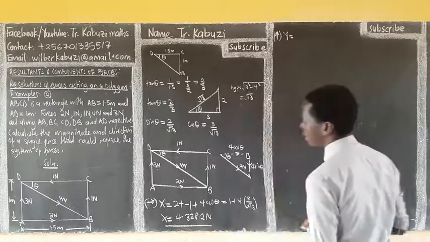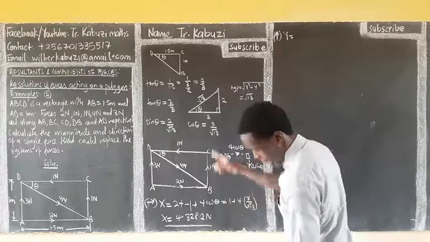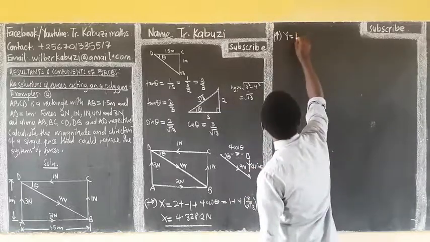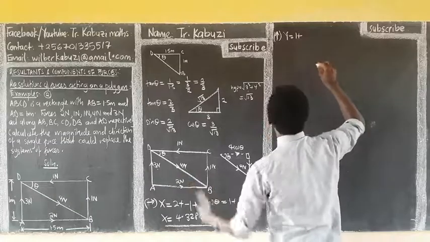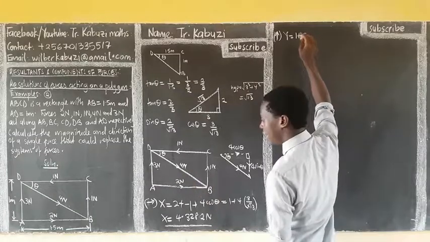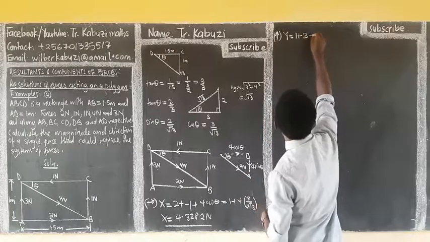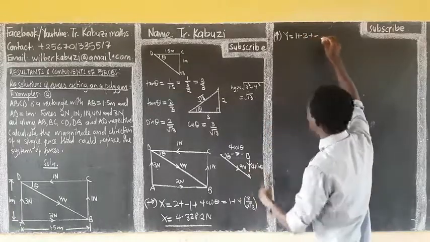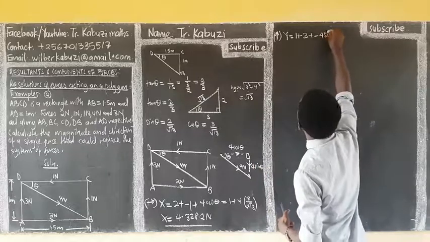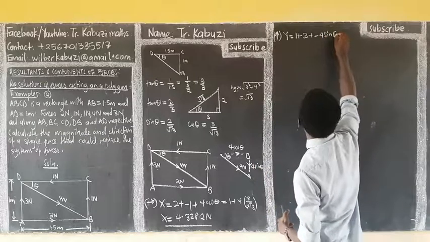In simple terms, we are getting y. Start with those forces which are acting in that direction. We have 1, this one, then we have that 3. Is there any one which is opposing? Yes, the one which is opposing, then plus a negative 4 sine theta.